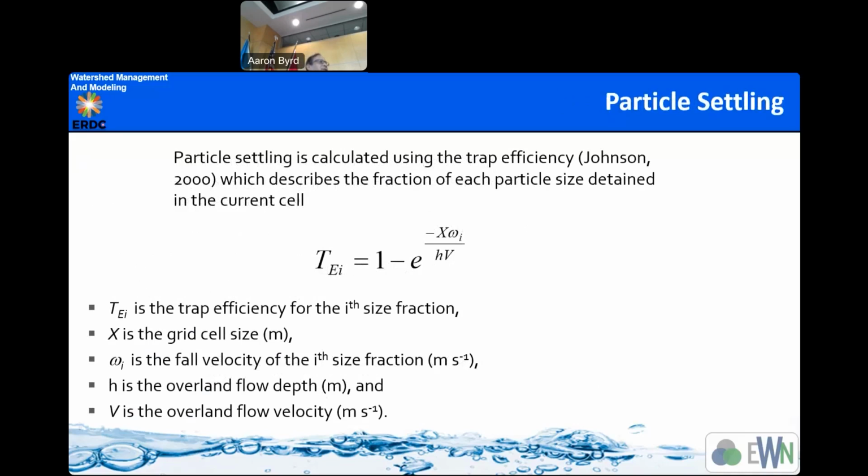And then once the sediment is there, in suspension mode, how much sediment can be trapped in that particular grid is a function of velocity, again depth of water, right? And the fall velocity.